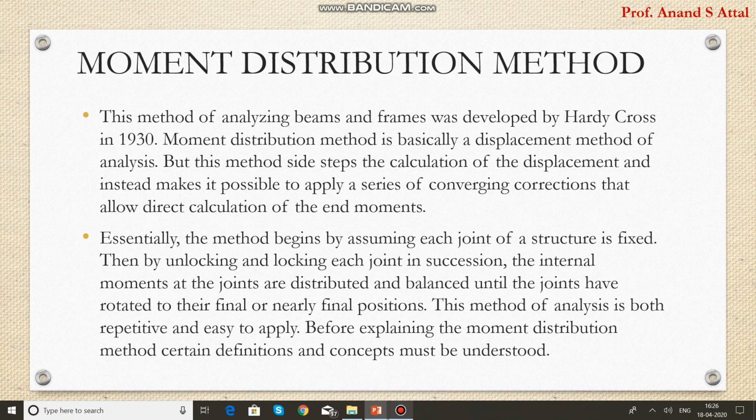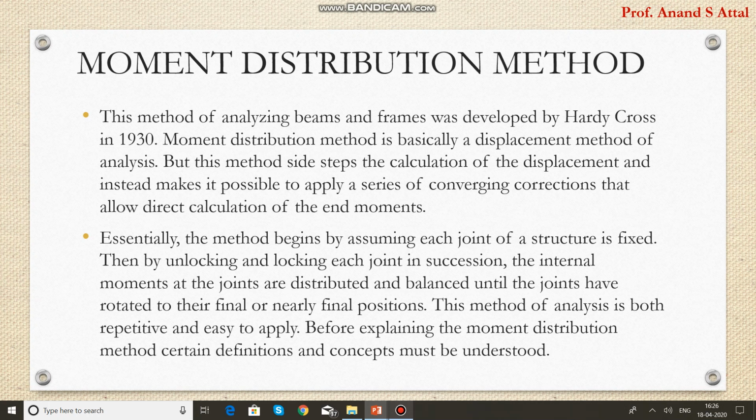The internal moments at the joints which are developed are distributed and balanced until the joints have rotated to their final or nearly final positions. This method of analysis is both repetitive and easy to apply.